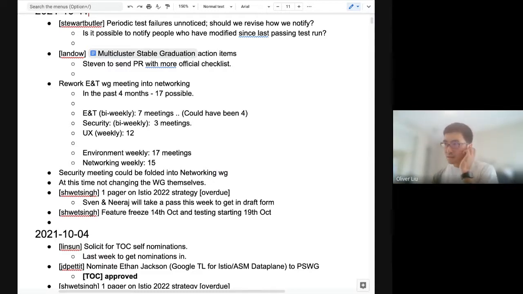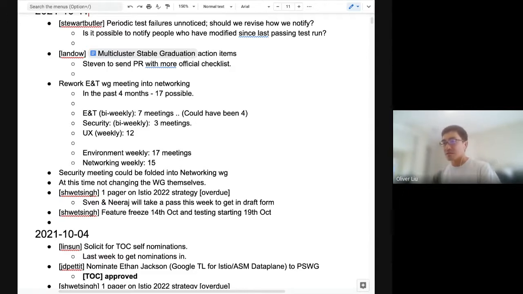I think we can make it flexible. I don't know if we can just keep the slot and say in our meeting notes, we just say temporarily we are merging this security meeting into the networking. And then we just resolve everything in the networking meeting, and maybe after a few months we feel, oh, there might be a need for a security meeting, and then we just add an item there and restart, resume this security meeting.